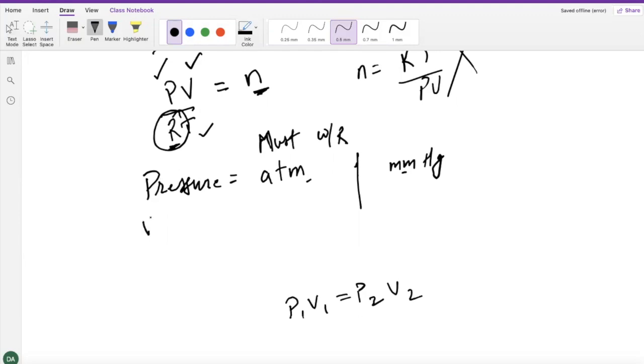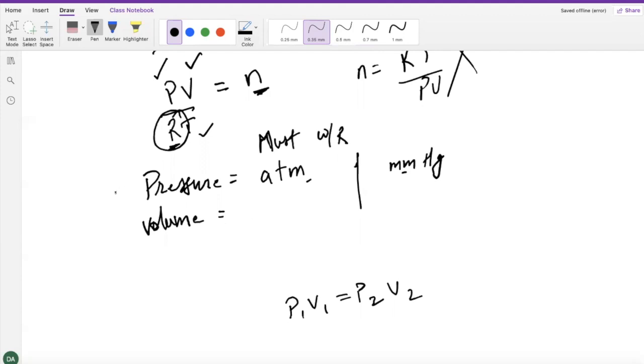Now we did the pressure. Now tell me, guys, what is the unit for volume? Unit for volume, guys? V is a symbol.